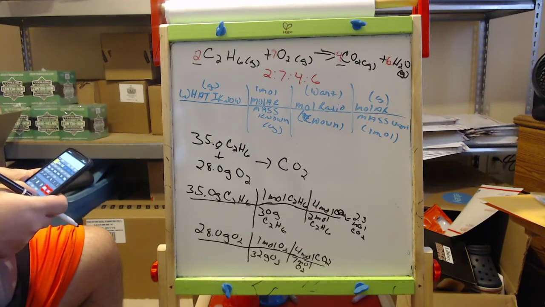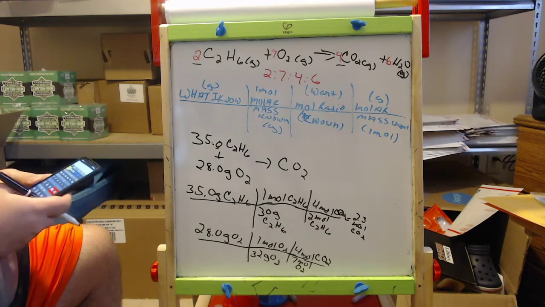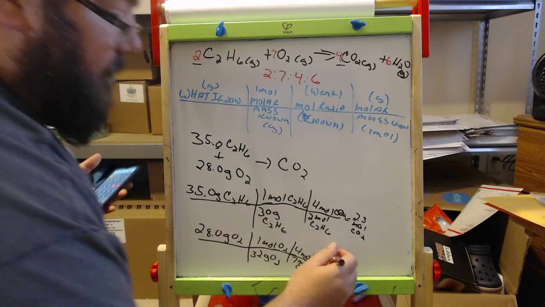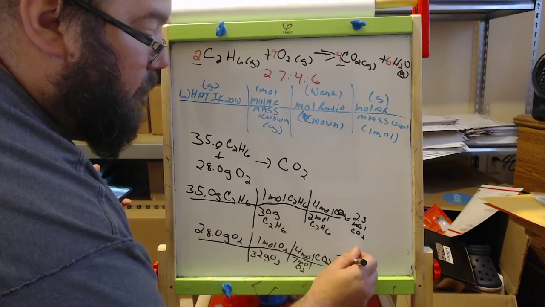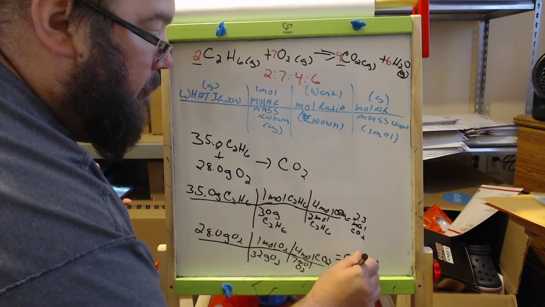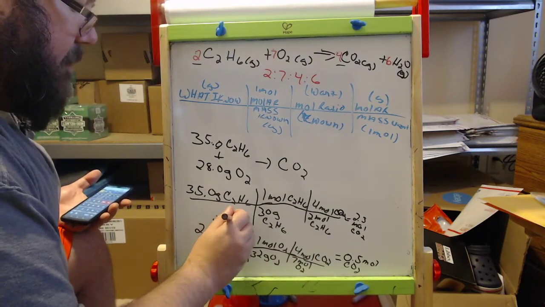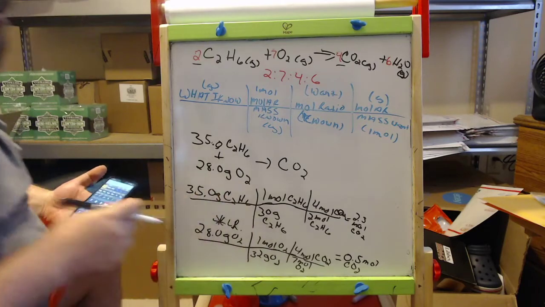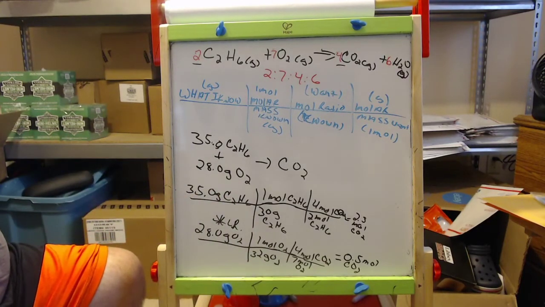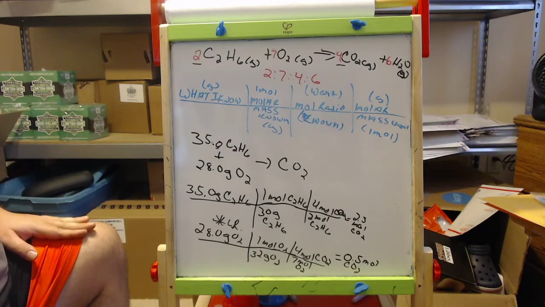You should already be able to see what the answer is going to be. 4 divided by 7. This is 0.5 moles of CO2. So my oxygen is my limiting reagent. My oxygen is what's going to run out first.